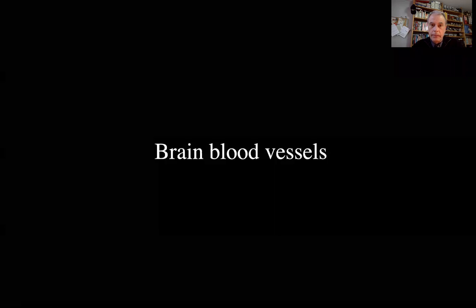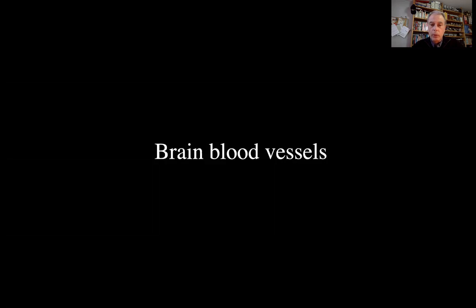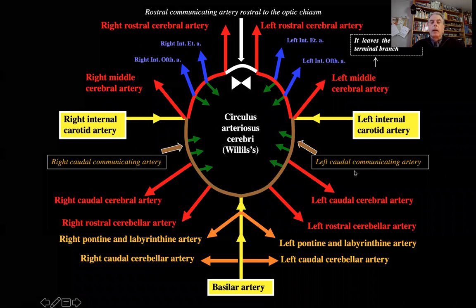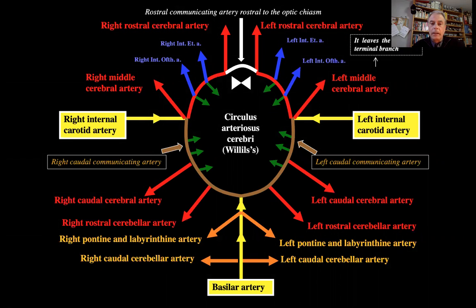Hi again. We are going to talk about the brain blood vessels. Arterial supply to the encephalon comes from three main arteries. One is the basilar artery, and the other two are the internal carotid arteries, the right and the left.